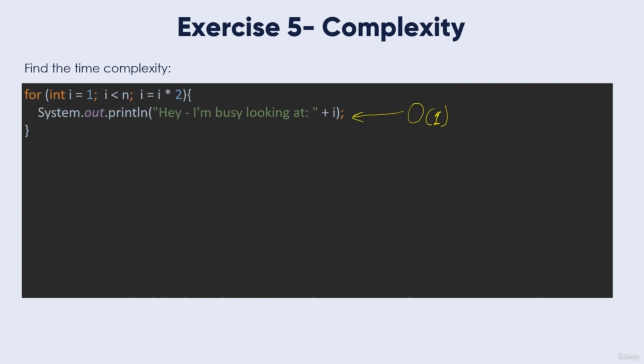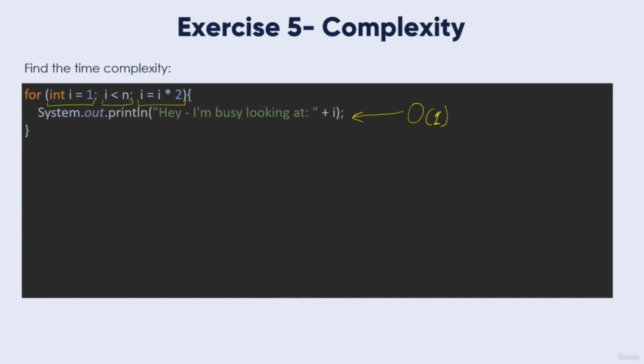We have this section: the initial condition, the stopping condition, and the increment condition. Okay, guys? We are going to understand how the loop behaves in order to get the correct time complexity.